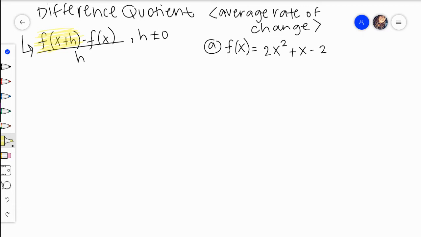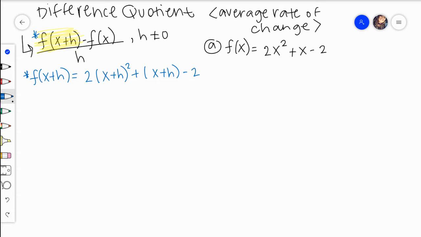And so I'm going to actually do the part here, which is plugging in the f of x plus h. I'm going to plug in x plus h wherever I see an x. So I get 2 times (x plus h) squared plus (x plus h) minus 2.